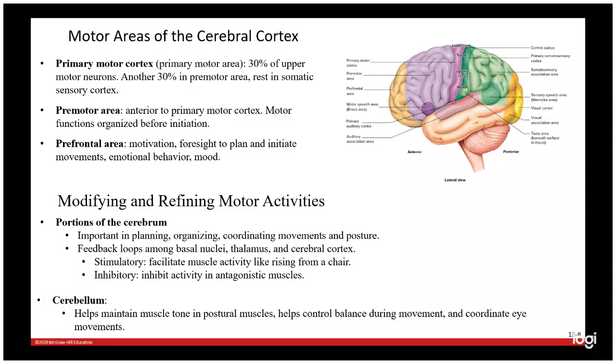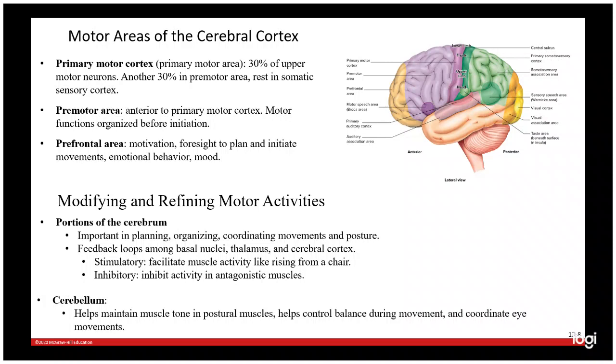All right, so modifying and refining motor activities, you need to know what the cerebrum does, right? So you need to know planning, organizing, coordinating movements, posture, that there are feedback loops that can stimulate muscle activity. Like if you get up out of a chair, there is a stimulatory feedback loop.